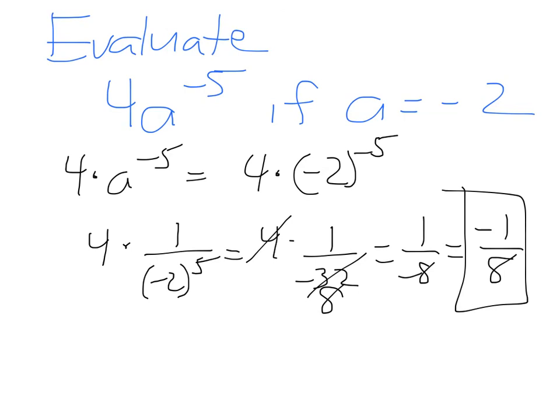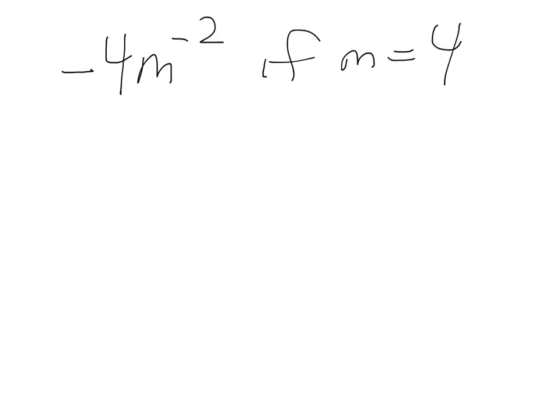Now, take a look at this question. Oh, I can't do that one yet, can I? Never mind, we haven't learned that. Can we have another example of that one? Sure, I could do another example. How about we do negative 4m to the negative second if m equals 4.